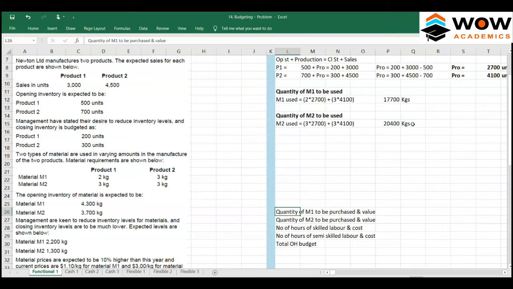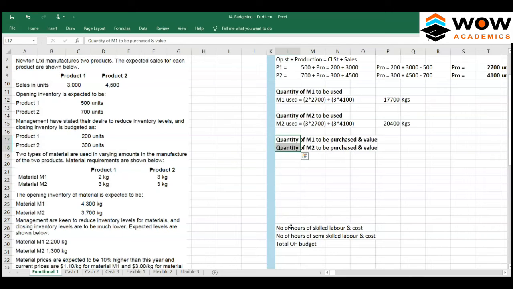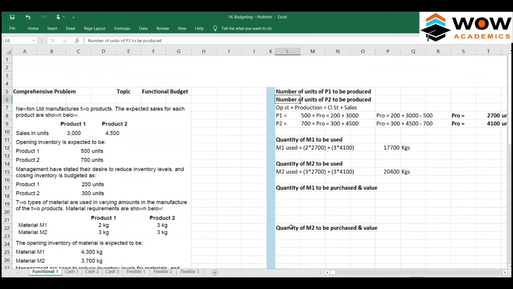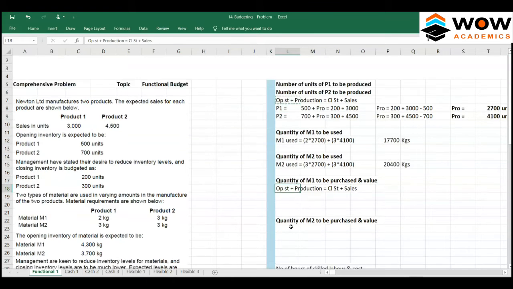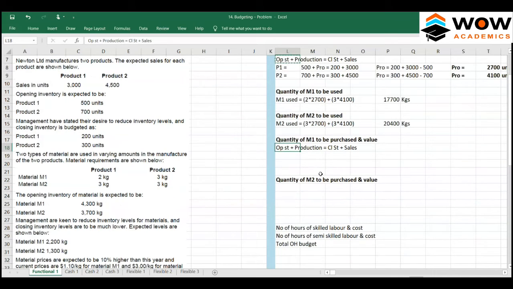We can move on to the next one: quantity of M1 and M2 to be purchased and their value. Again, this depends on the same formula, but this formula has to be altered a little.